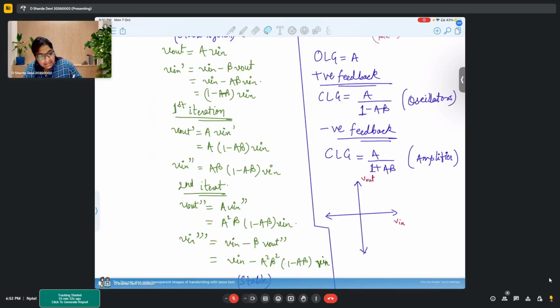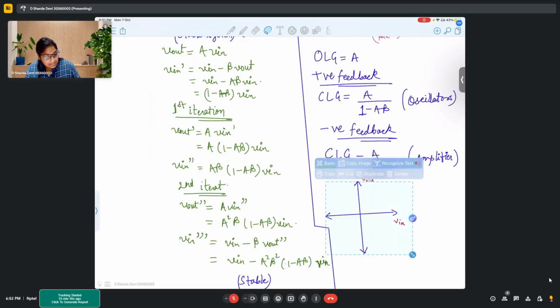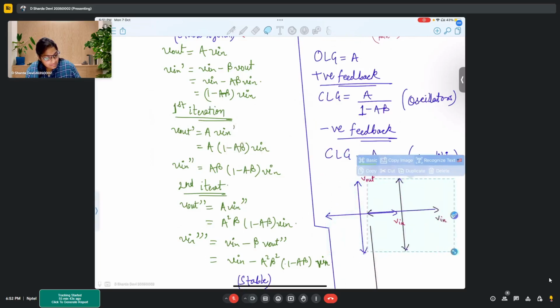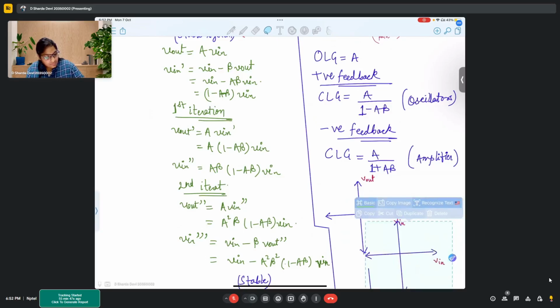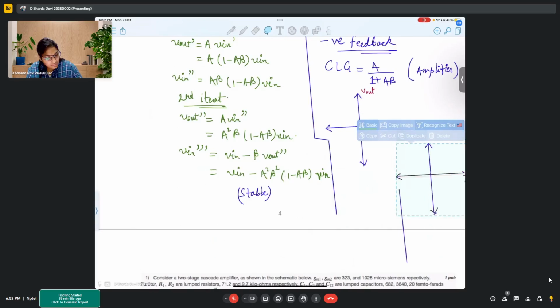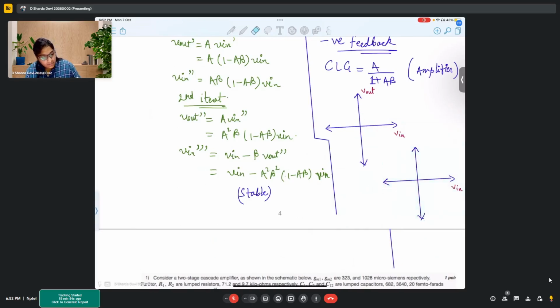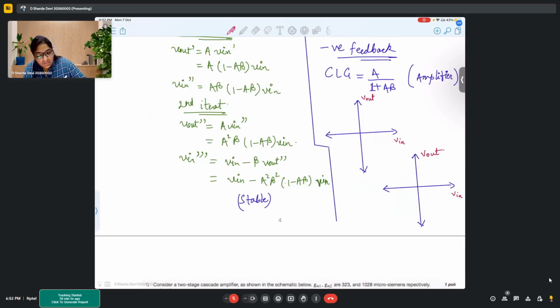So this output characteristics is like, so this input output behavior of an open loop op-amp, that is without feedback, looks like this.